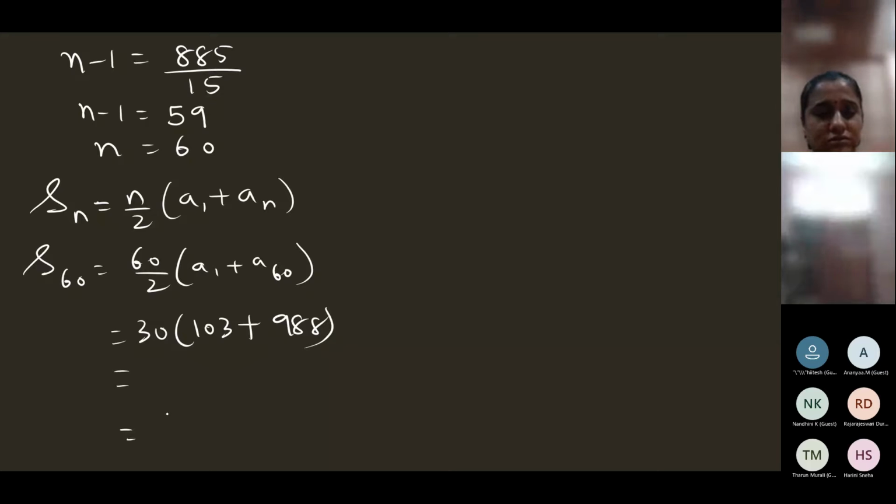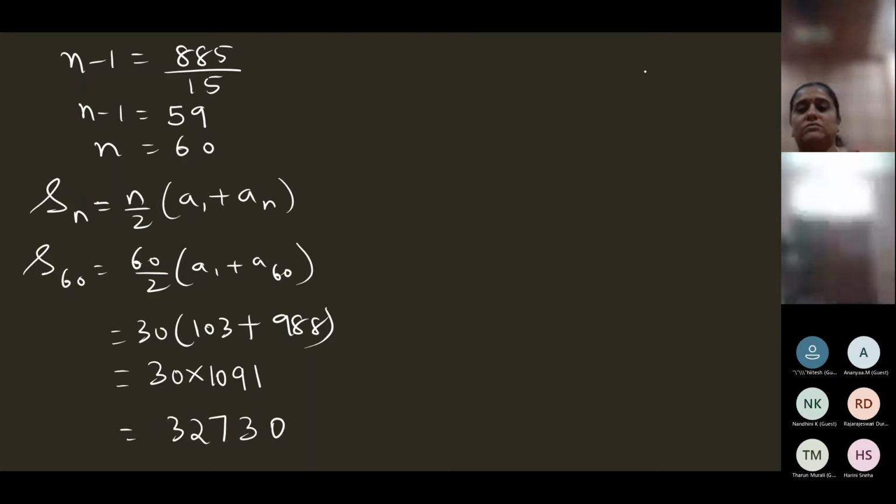How much is it, Tarun? 32,730, ma'am. Correct. Very good. So this is the sum of all 3-digit natural numbers that leave remainder 13 when divided by 15.